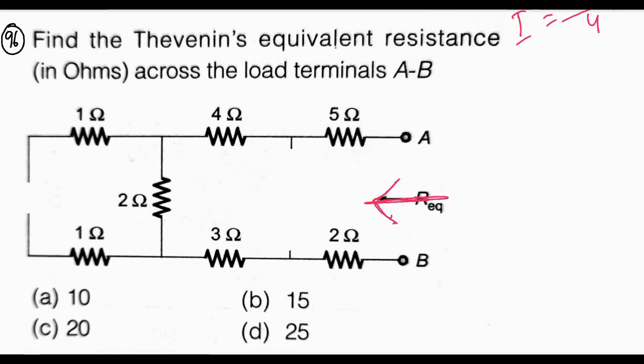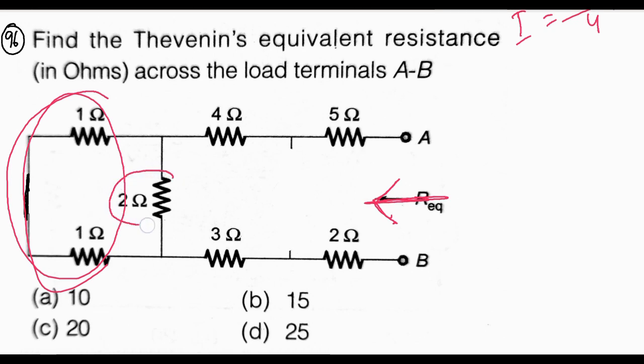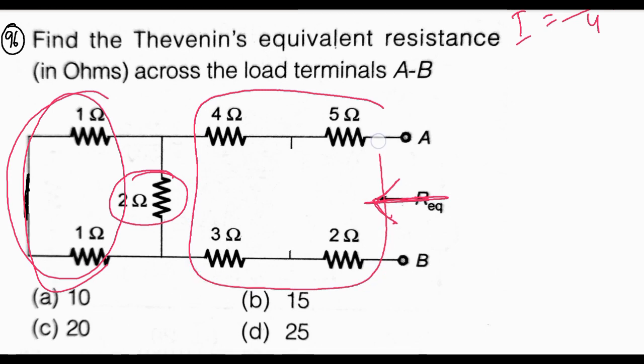So this will be like this. This is shorted and here this is open circuited. So what will happen now? These two 1 ohm resistances are in series. So this will be 2 and these 2 will be in parallel with these 2. So 2 parallel 2, this will be 1 ohm. I am not drawing this one, this is 1 ohm. And this 1 ohm will be in series along with all these things. So what will be the total resistance? There is another 1.